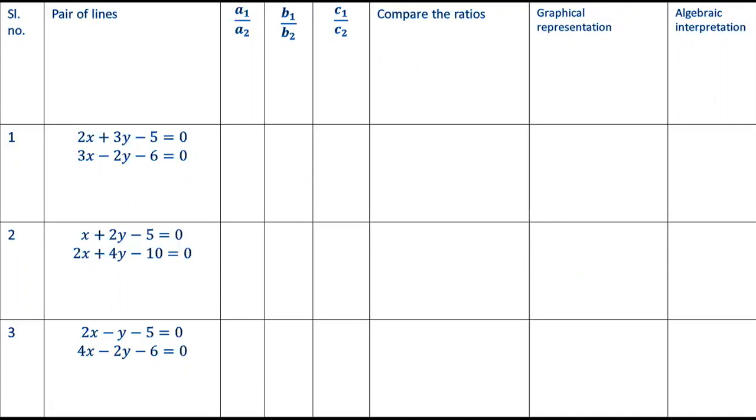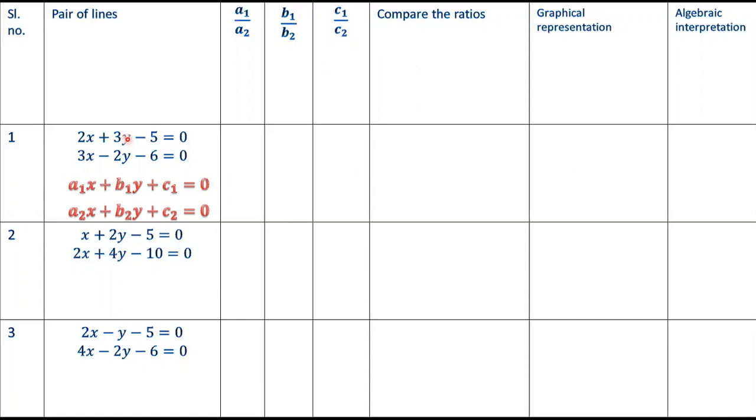Let us see the first example. Compare these equations with the general form. Now see the value of a1 here. a1 is the coefficient of x. So in the first equation, the coefficient of x is 2. So the value of a1 is 2.